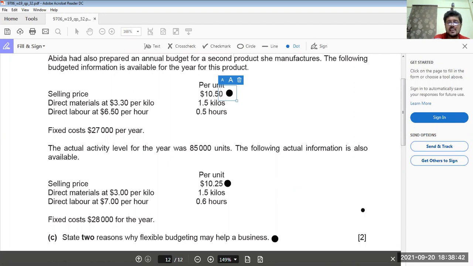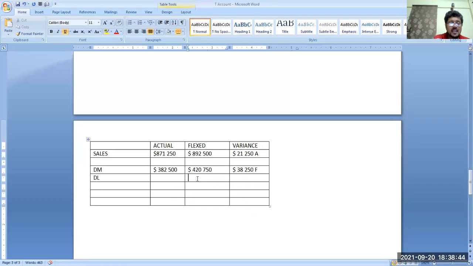According to the activity, they have to spend 276,250. But actually what happened is very important.